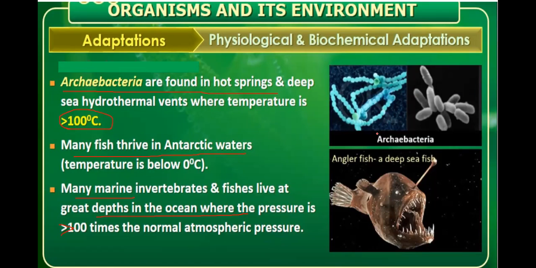This is bacteria present in a hydrothermal vent where the temperature is more than 100 degrees Celsius. This is the angler fish. It is present at the bottom of the sea where the pressure may be 100 times the normal atmospheric pressure.